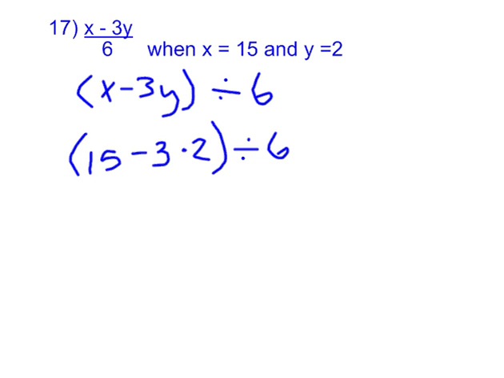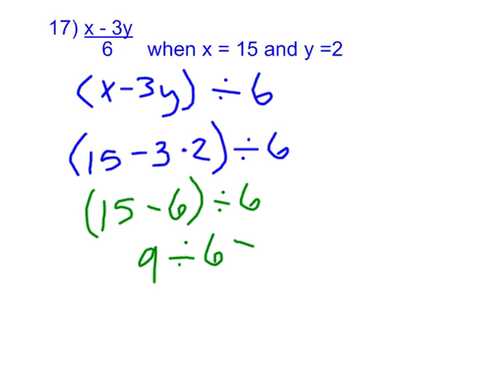Within these parentheses, we have to do the multiplication first. So that'll be 15 minus 6 in parentheses divided by 6. 15 minus 6 is 9. 9 divided by 6 is 1 and a half, or 3/6.